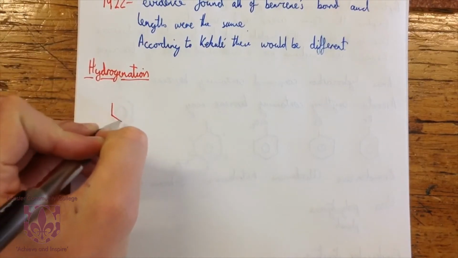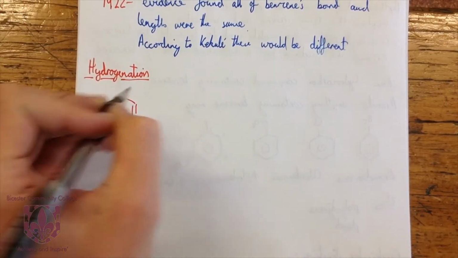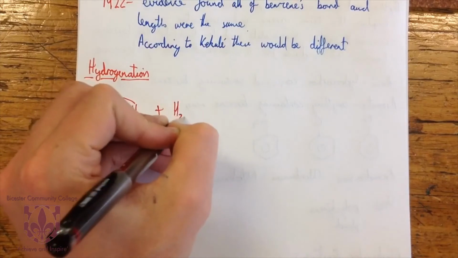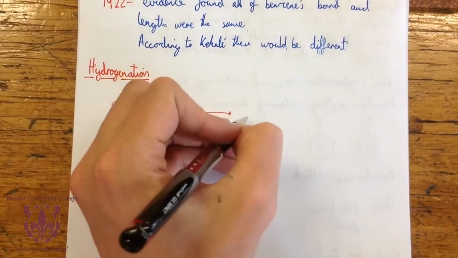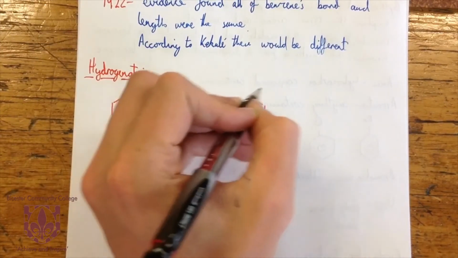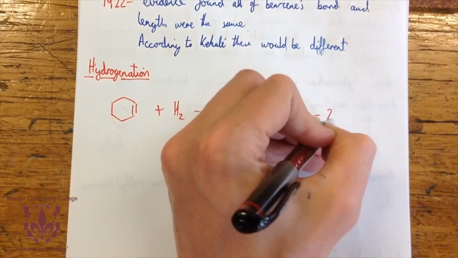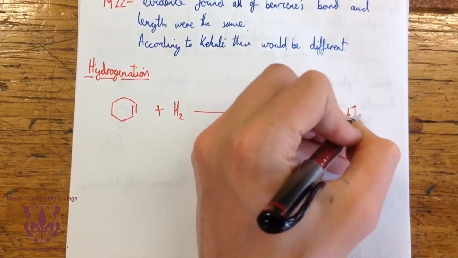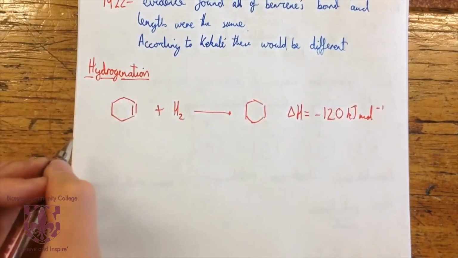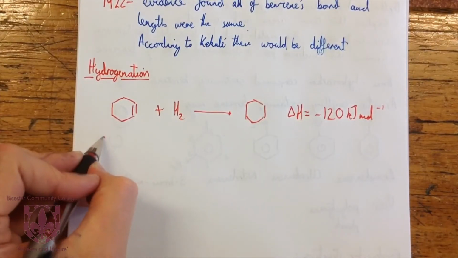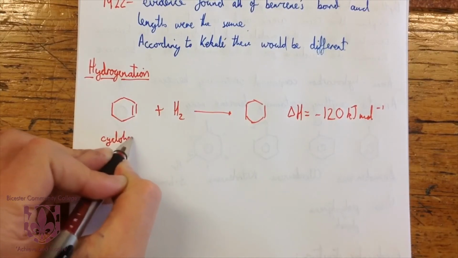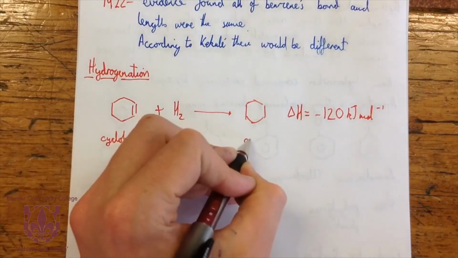So if you take cyclohexene and you add hydrogen and you make cyclohexane, delta H of this reaction is minus 120 kilojoules per mole. So we're going from cyclohexene to cyclohexane.